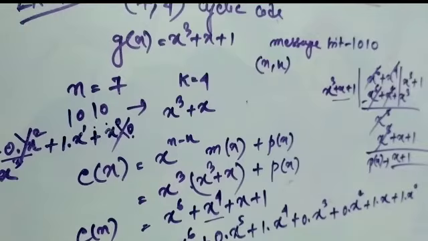For the purpose I am showing you the step by step process. You can omit this process also, and directly find the code word. So your code word will be 1, then 0, then 1, then 0, then 0, then 1, then 1.